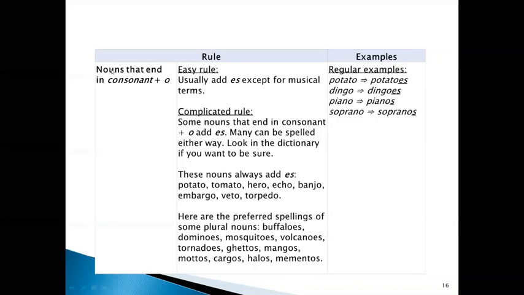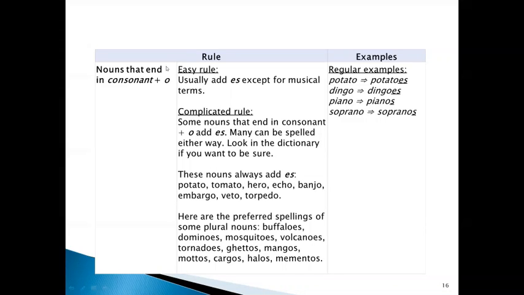For the letter O at the end, and before O we have a consonant, nouns that end in consonant plus O, here we have an easy rule, usually adds ES, except for the musical terms. So when we find O preceded with a consonant at the end, the easiest rule is to use ES.